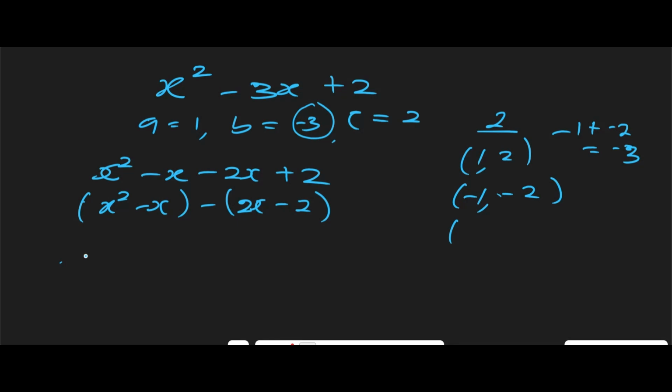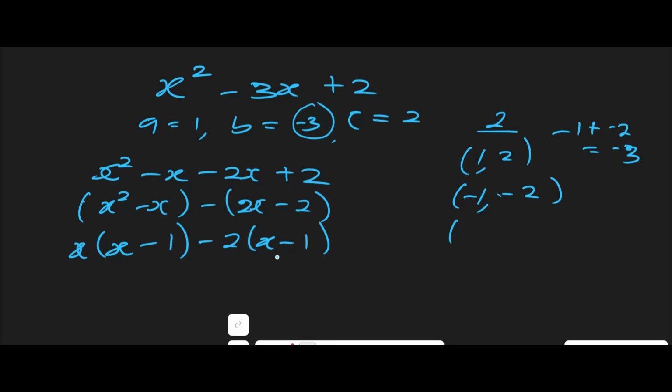We factorize each bracket. So x squared minus x, our common factor is going to be x. So x goes into x squared x times, and x goes into x, 1. Minus 2x minus 2, the common factor is going to be 2. So 2 goes into 2x x times, and 2 goes into 2, 1.